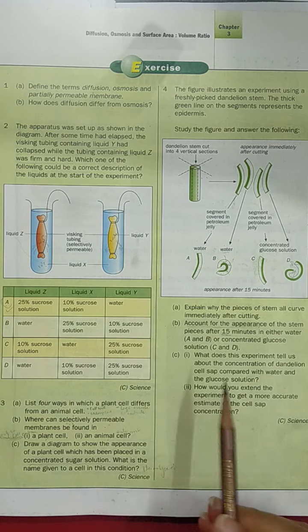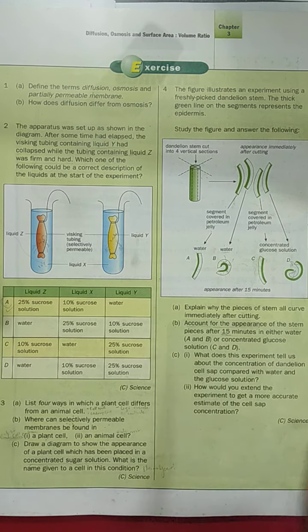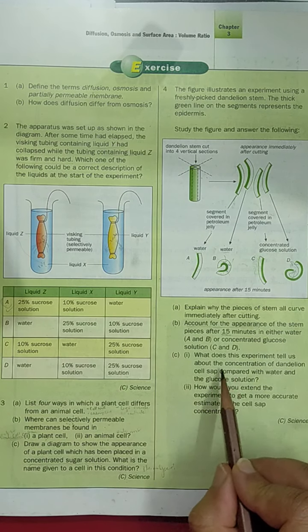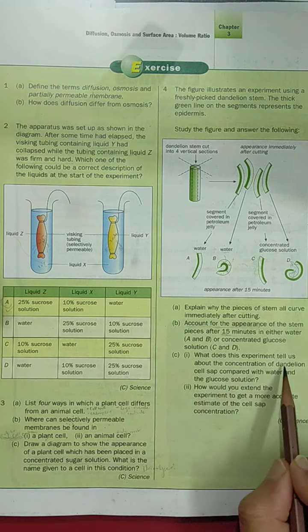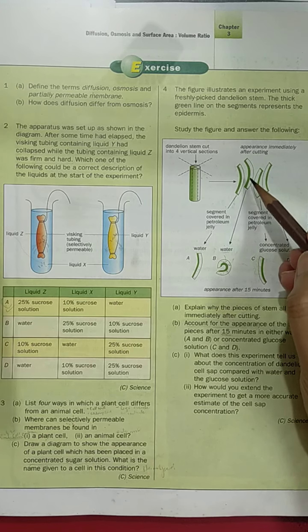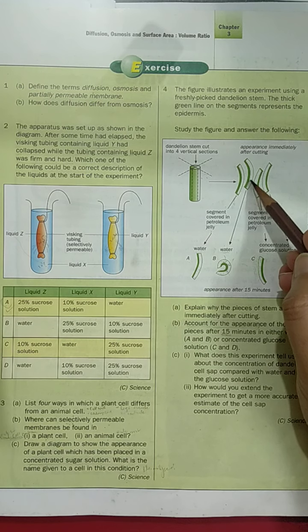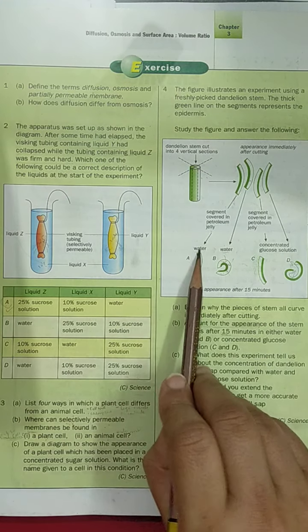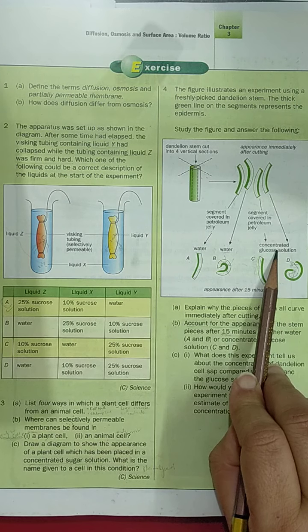Okay, now in the C part they are asking about the concentration of dandelion cell sap. We have to tell what the concentration of the cells of this dandelion is, and what its comparison is with the water and the concentrated glucose solution.